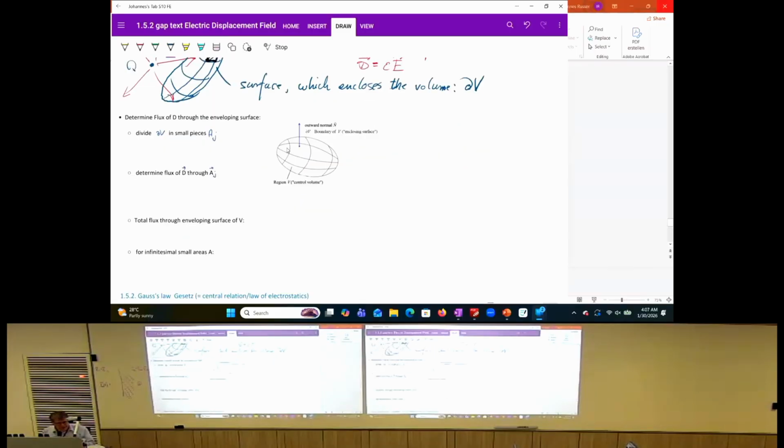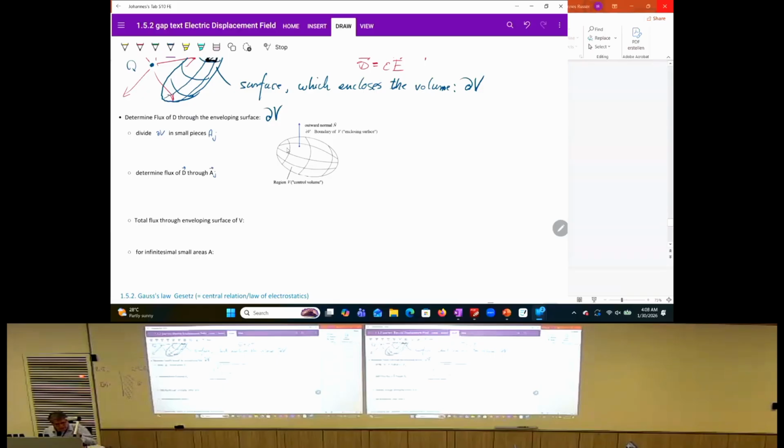So the idea when you want to determine now the flux of the displacement field through this enveloping surface, this is basically what we have just put here. This is our enveloping surface.